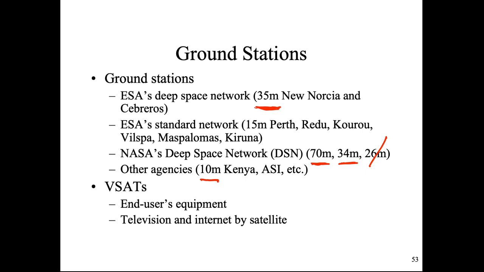Finally, I would like to mention also the antennas for Earth telecommunications. They have diameters of the order of 10 meters or so. And the end-user antennas, the so-called VSAT, very small aperture terminal, can be, for example, the parabola that I have on the roof of my house to receive satellite signals.